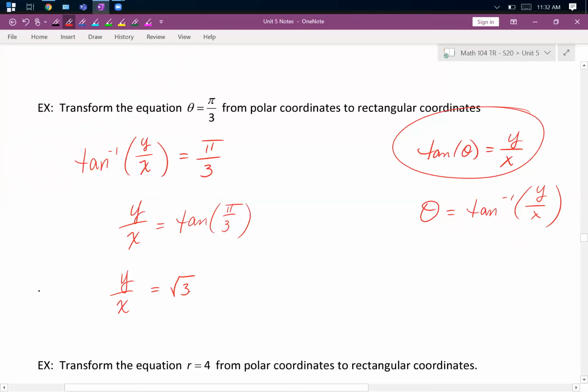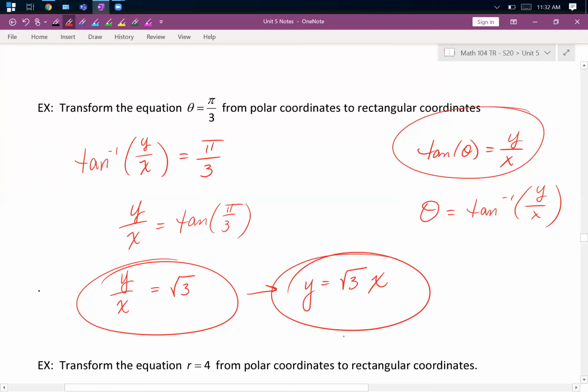We've eliminated theta. We haven't introduced r. We're left with x and y. There's our polar. But we typically like to solve it for y when it's linear. We get y equals the square root of 3 times x. That's really better. What's the graph of that one going to look like?